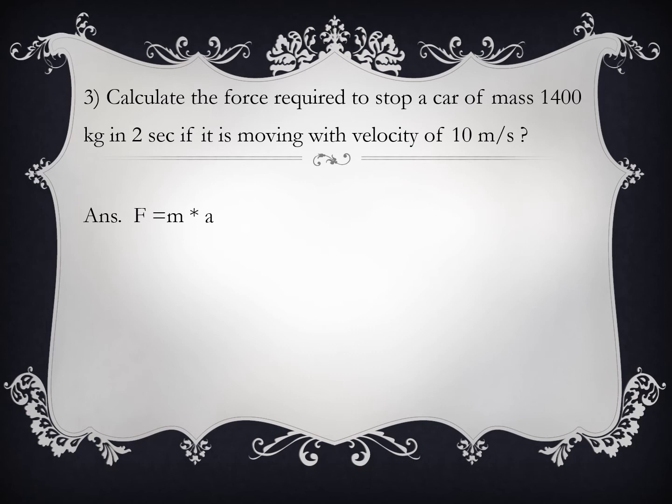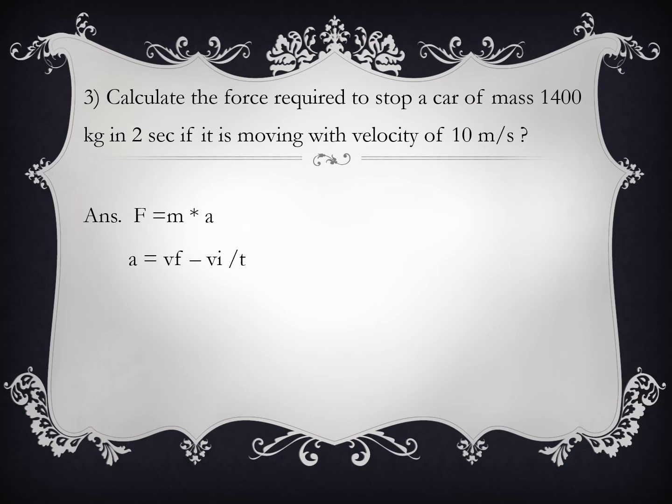To find the acceleration, we are given the initial velocity Vi, the final velocity Vf and the time t of the car. So the acceleration of this car is equal to (Vf minus Vi) upon time.